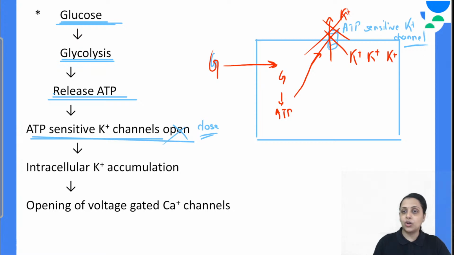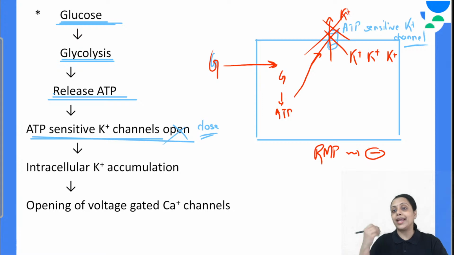And we all know the resting potential of any membrane is negative. When positive ions accumulate inside the cell, the negativity inside the cell is going to decrease. So the resting membrane potential of our pancreatic beta cell is minus 70 millivolt.